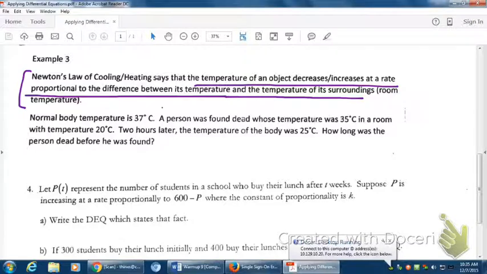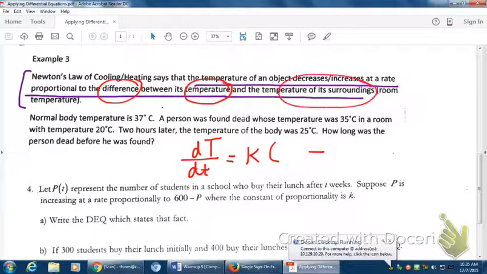Alright, I'm going to skip and do this on a separate slide because there's not enough room here for me to do the information. I do want to tell you that this first part of the information, though, is an actual equation. So before we get to the actual numbers, Newton's law of cooling and heating says that the rate of change of the temperature with respect to time is proportional to, so k times, the difference, that means I'm going to subtract, between its temperature and the temperature of the surroundings.